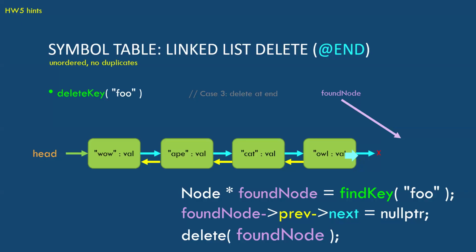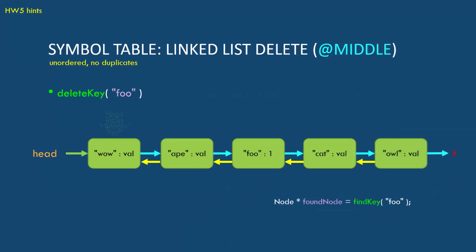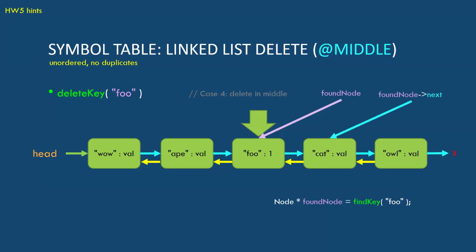And then delete. So that's our third case. There's one more, and it's probably the most elegant one, but the code might seem a little funny. If that's our found node, we've got to wire around it. I love this one, really. So keep in mind that this is our found next, and this is our found previous.